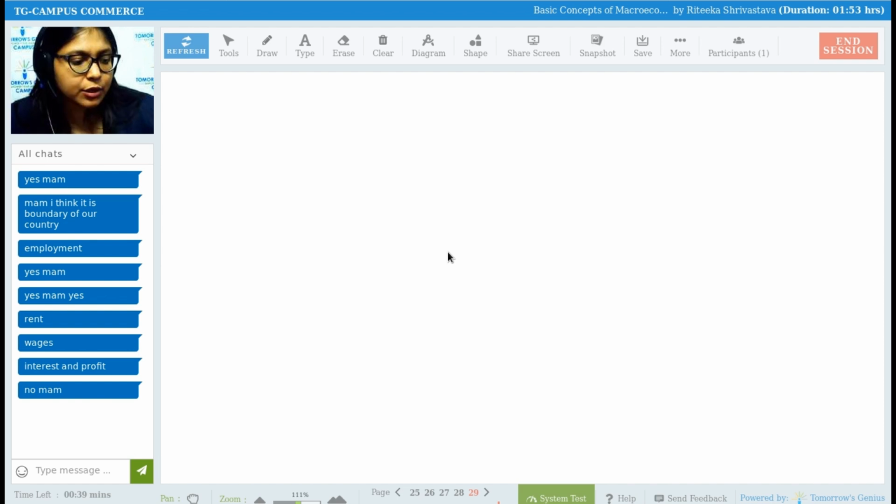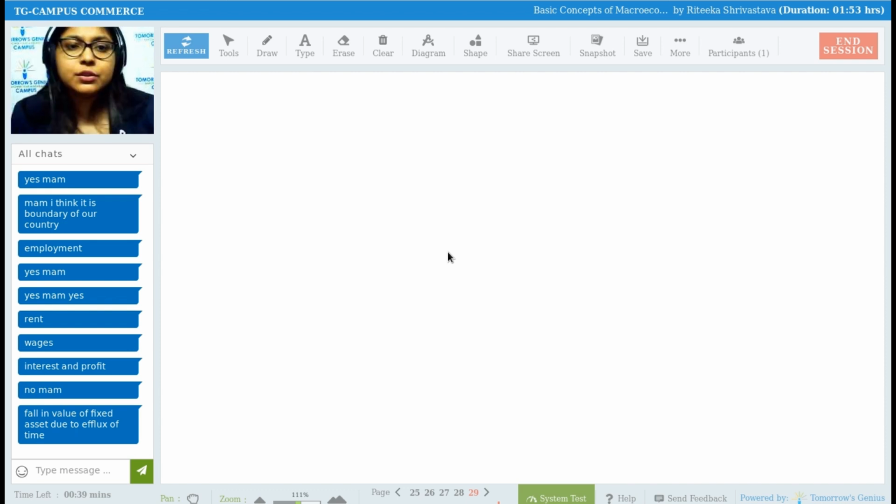If you are typing in the chat box, type it. Fall in the value of fixed assets. Very good. Perfect.